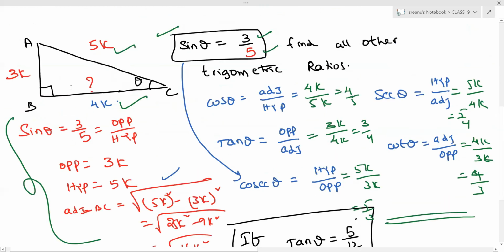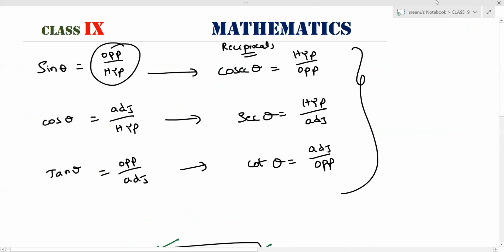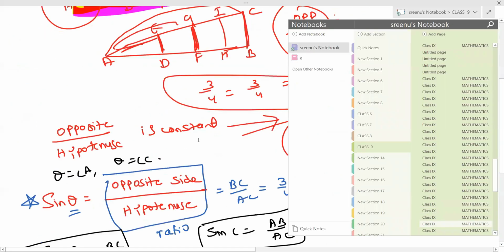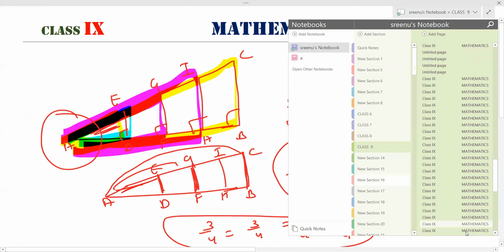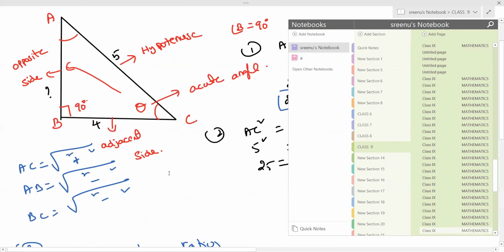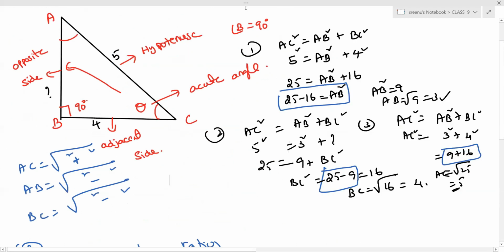Here one side is unknown. You have to find the third side using the right angle triangle concept. I will show you once again. It's the right angle triangle concept.